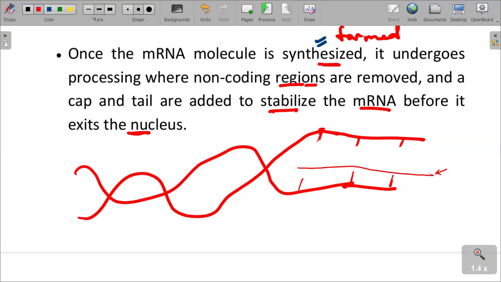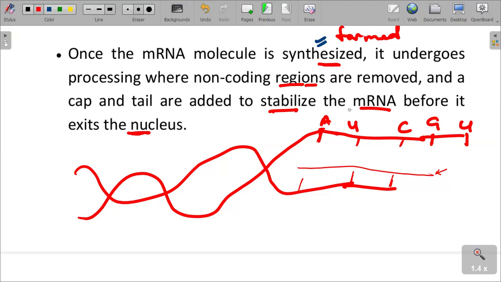When it is formed, we have the nitrogen bases, which are controlled by the template or original strand. For example, say we have A, T, C, G, T as the nitrogen bases found on the DNA molecule.